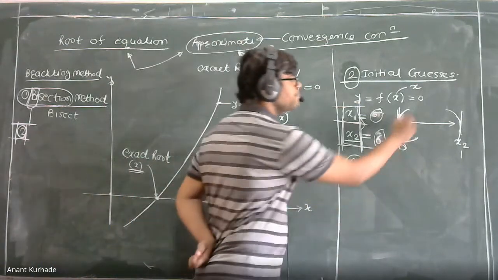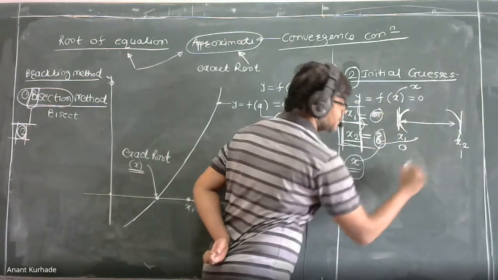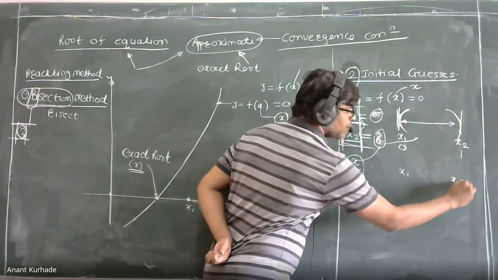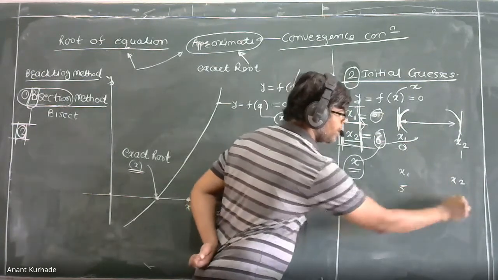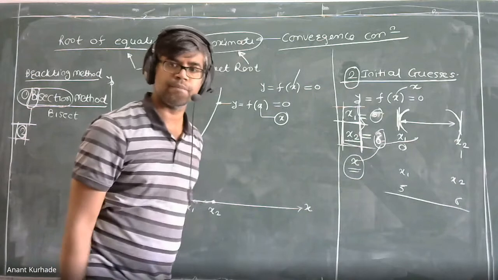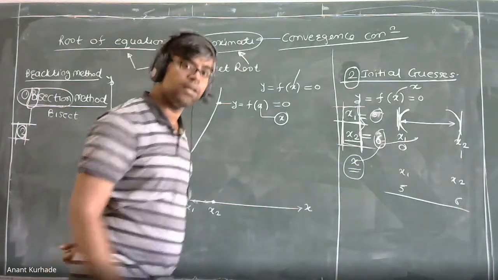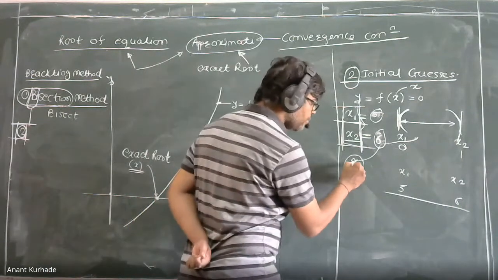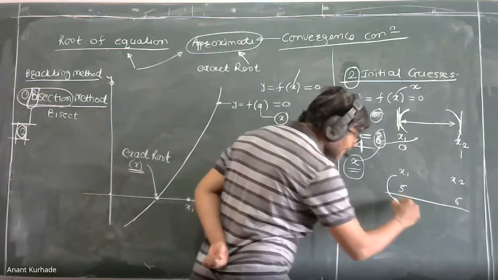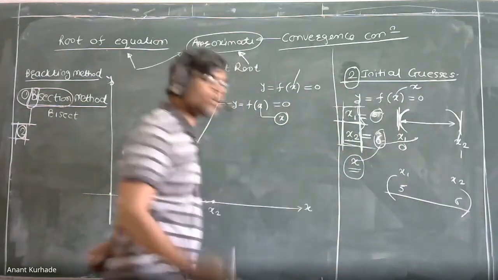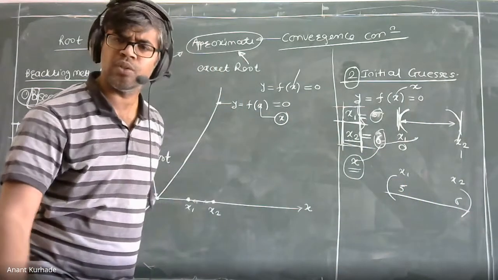So we have provided a bracket in the case of guesses x1, x2. Now I have chosen x1 equal to 5, x2 equal to 6. But we don't know whether the root lies inside this bracket or outside this bracket. We don't know this condition.